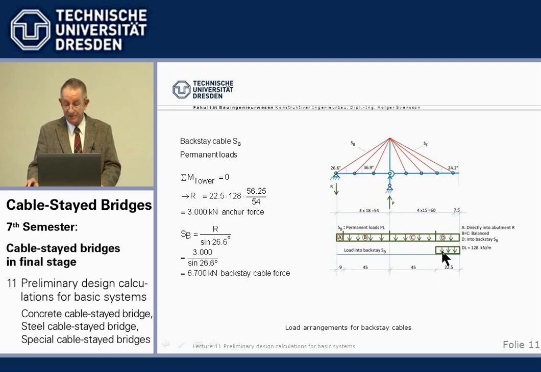Then we have the 128 kilonewton per meter dead load, times the length of 22.5 meters, times this lever arm, divided by this lever arm from the sum of moments. So we arrive at a vertical retaining force of 3,000 vertical, and then we know the corresponding cable force is the vertical support reaction divided by this sine. So we have a 6,700 kilonewton backstay cable force from dead load.